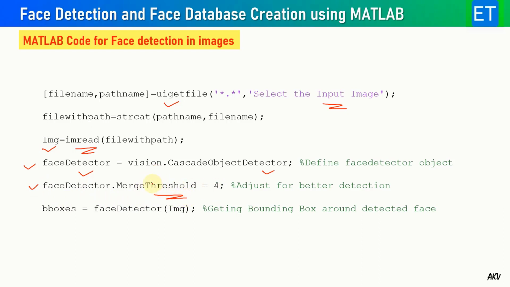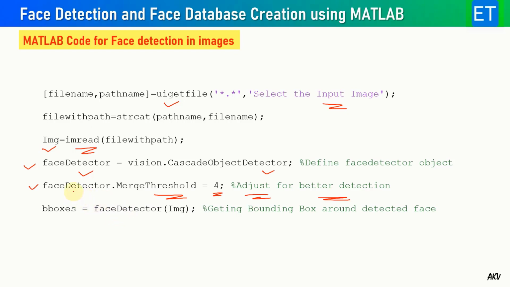It is one of the attributes used by this cascade object detector. Although its default value is 4, we can adjust it for better detection. With proper examples, I will show you how you can adjust its value to get better detection.